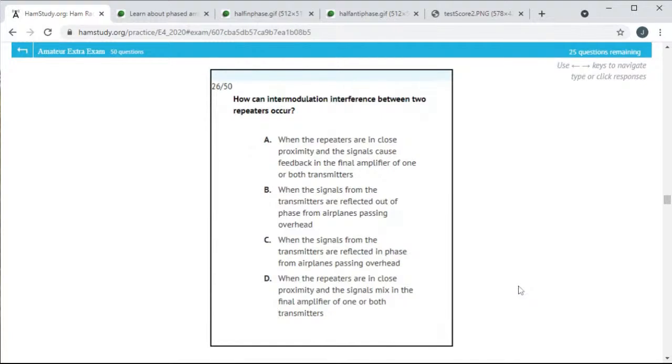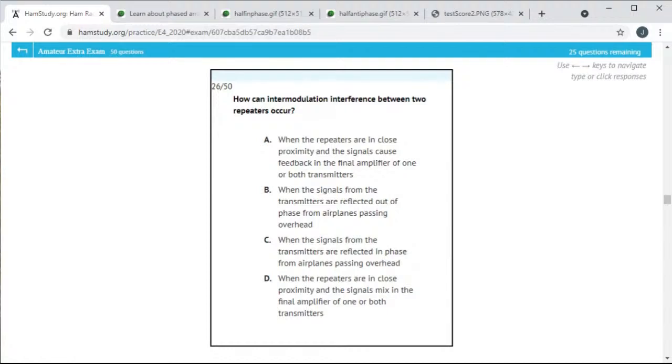How can intermodulation interference between two repeaters occur? A, when repeaters are in close proximity and the signals cause feedback in the final amplifier of one or both of the transmitters. B, when the signals from the transmitters are reflected out of phase from air lines passing over. C, when signals from transmitters are reflected in phase from air lines passing over.